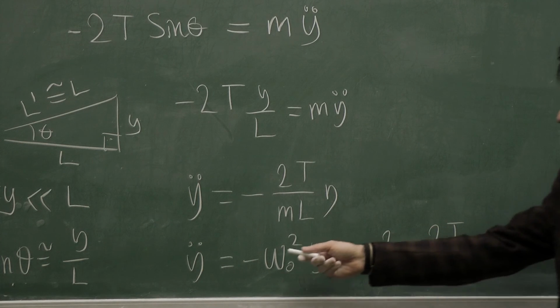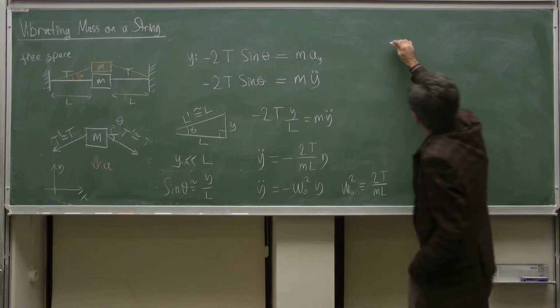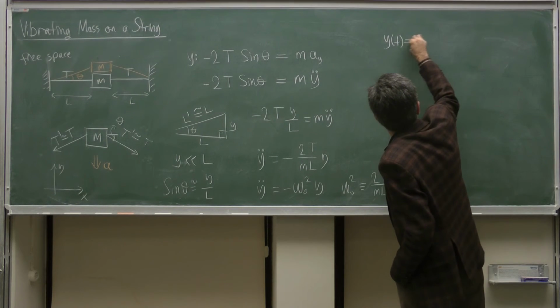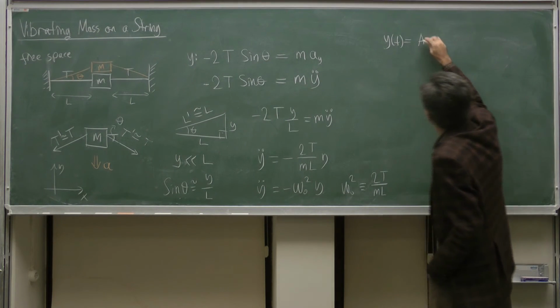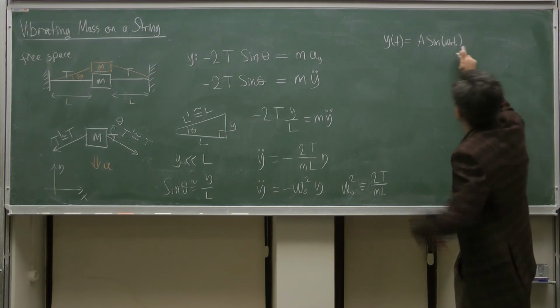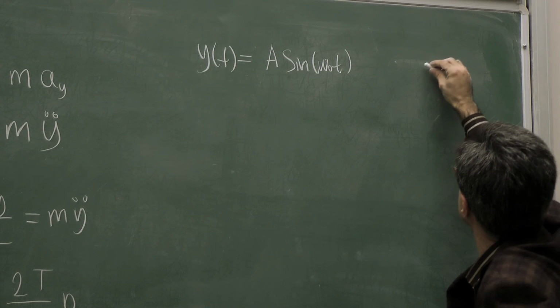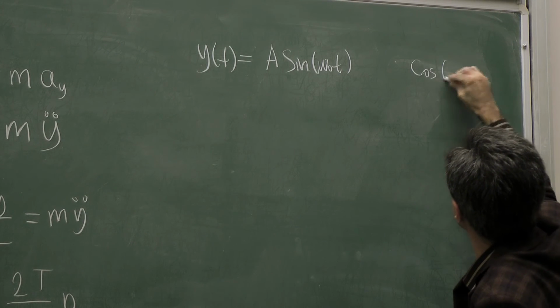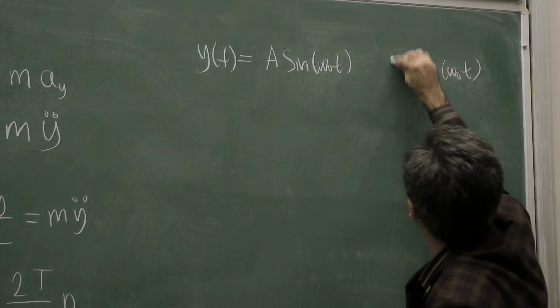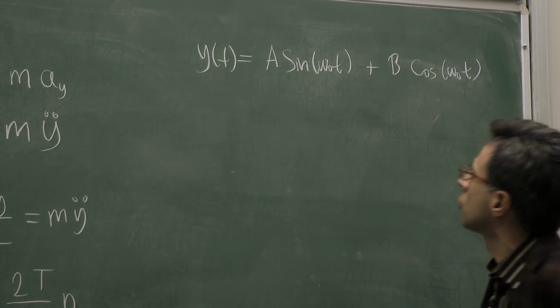So the solution of such a system is this, as we have seen many times. Sine omega naught t is one of the solutions, but equally we have another solution, which is cosine omega naught t, and the linear combination of these two is also a solution.